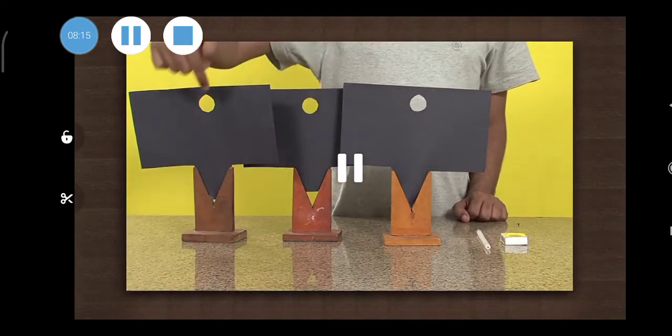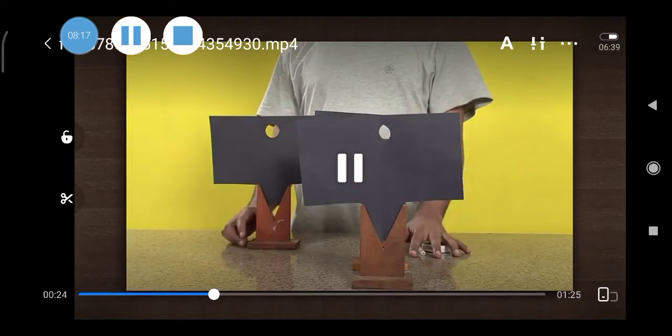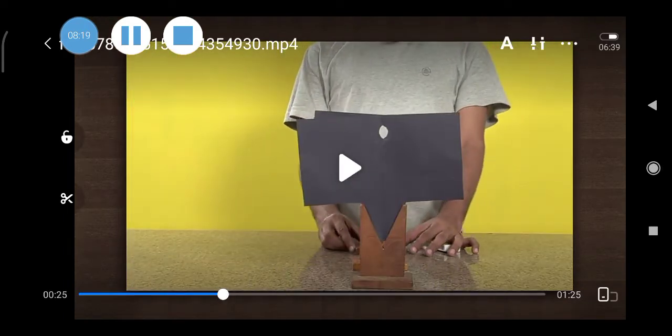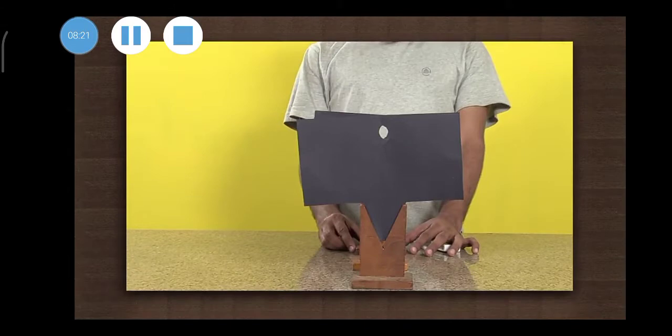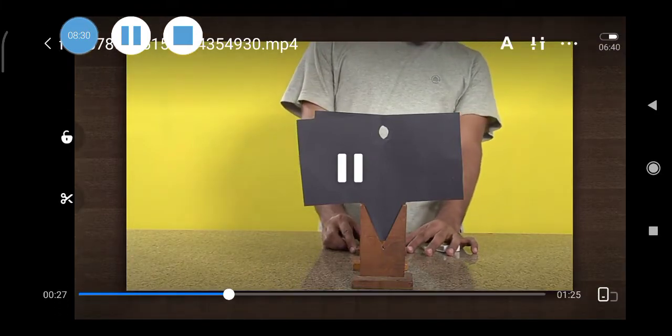As we are seeing, these are the three cardboards, and we are making a hole in the center, at the same level or horizontally.